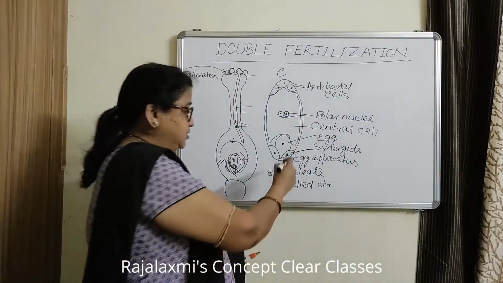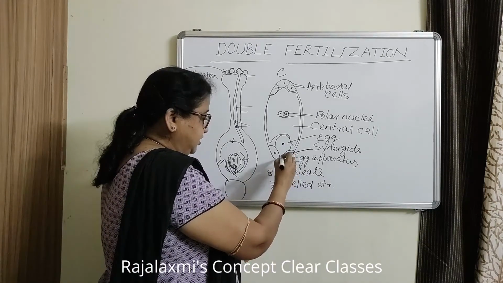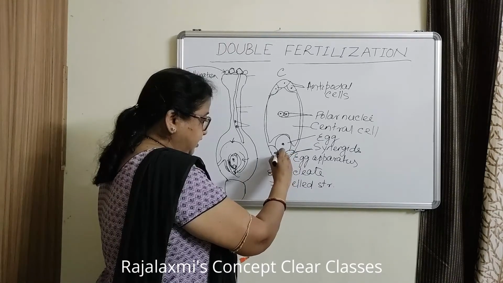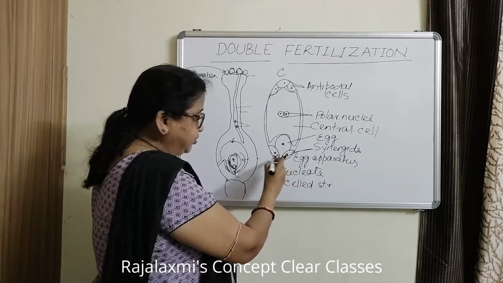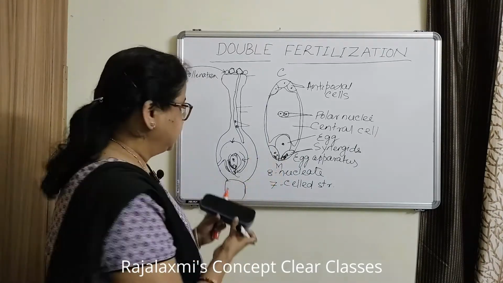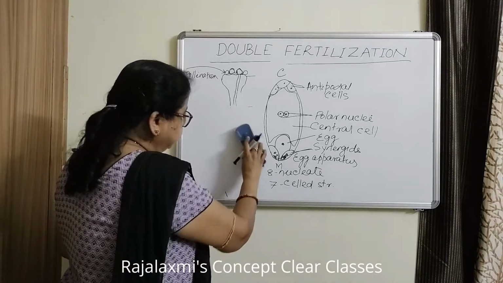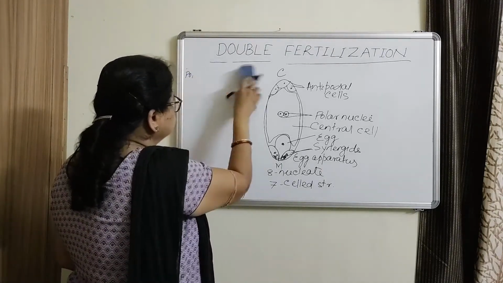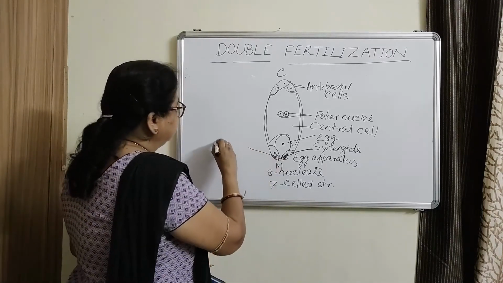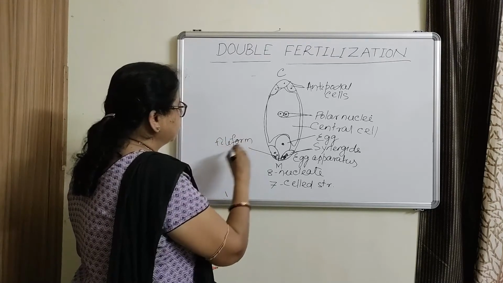Once the pollen tube enters one of the synergids, this entry is guided by the filiform apparatus present in the synergids. These are the filiform apparatus.